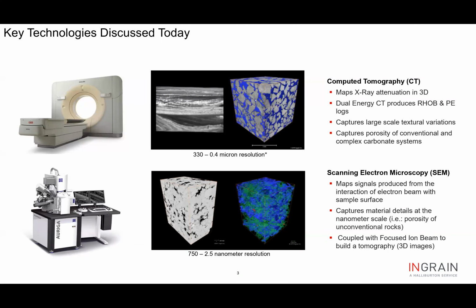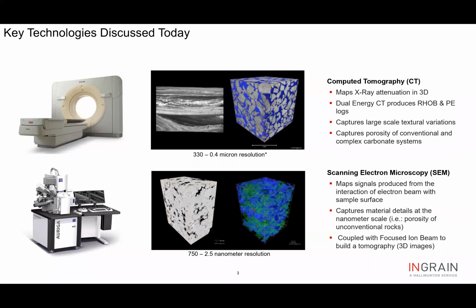So CT, like you might be thinking, yes, you're right. It's the same CT machine that you can find in a hospital. Instead of humans, we are using rocks to pass through it and generating very high resolution slices of the rock, and then combining them to come up with a three-dimensional image of the rock.